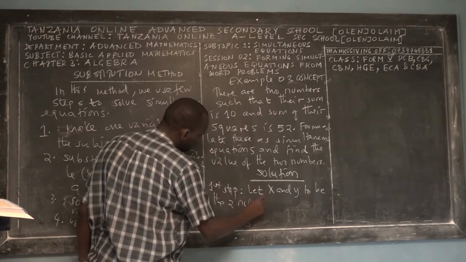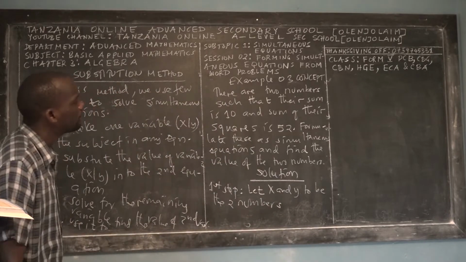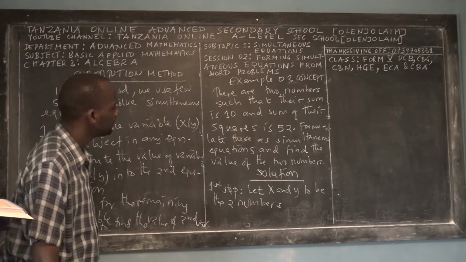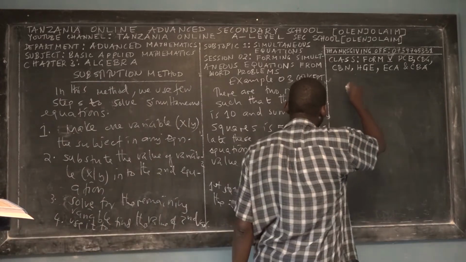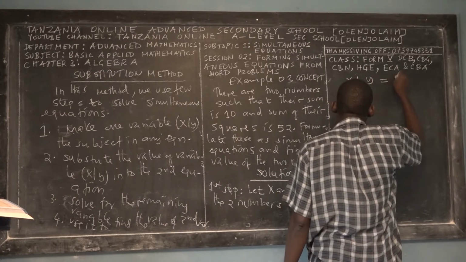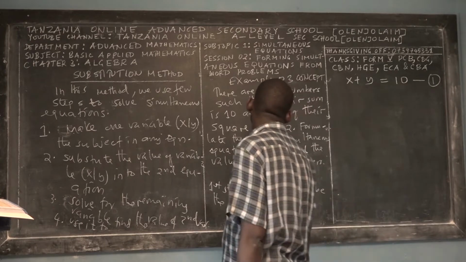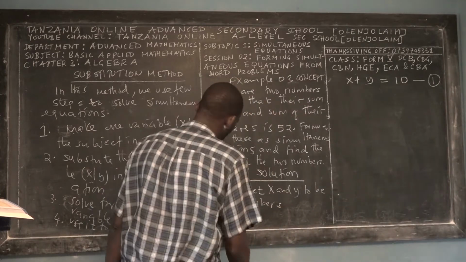You can also let a and b be the two numbers, right? So the sum of these two numbers, x plus y, should be 10. This is the first equation, right? So this is the first step.